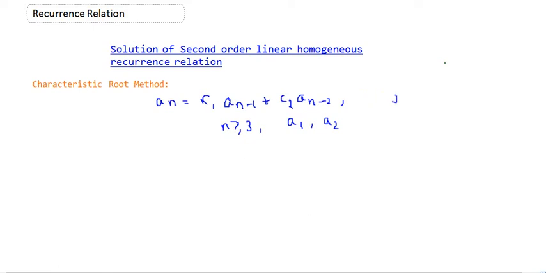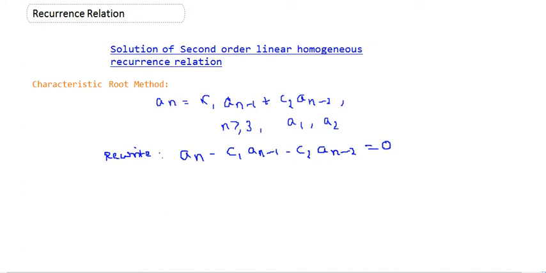So here is the procedure. We're going to write the equation in this form. Rewrite the equation: an minus c1 an minus 1 minus c2 an minus 2 equals 0.